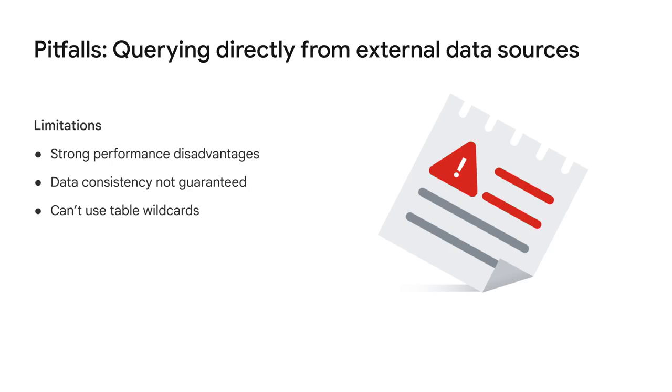The performance of a query that includes an external data source depends on the external storage type. For example, querying data stored in Google Cloud Storage is faster than querying data stored in Google Drive. In general, query performance for external data sources should be equivalent to reading the data directly from the external storage.